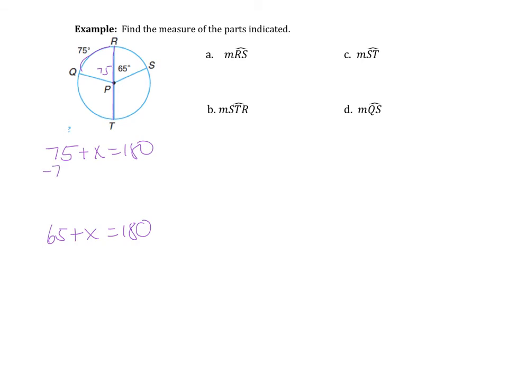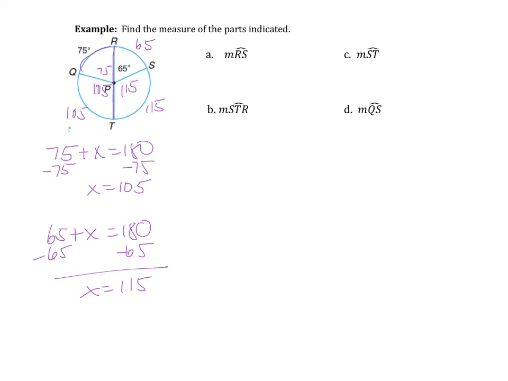So subtracting 75, I've got this one equals 105, so I know that this angle is 105. That's going to help me with this arc for 105. Doing the other one really quick, subtracting that 65, what do I have? 115 for that one. So x equals 115 over here, which then in turn gives me this arc. I also can say that this arc measure is 65. Central angles and the arc that it intercepts are equal.